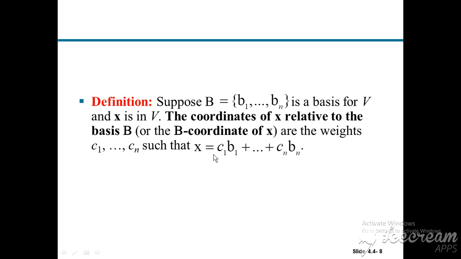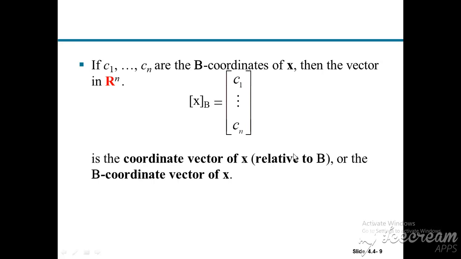These are many elements, and we can write this in the form of a column also. Look here, if c1 comma dot dot dot cn are the b coordinate of x, then the vector in R^n, we denote this by the coordinate of x relative to the basis b. c1 dot dot dot cn is the coordinate vector of x relative to b, or we say b coordinate vector of x.